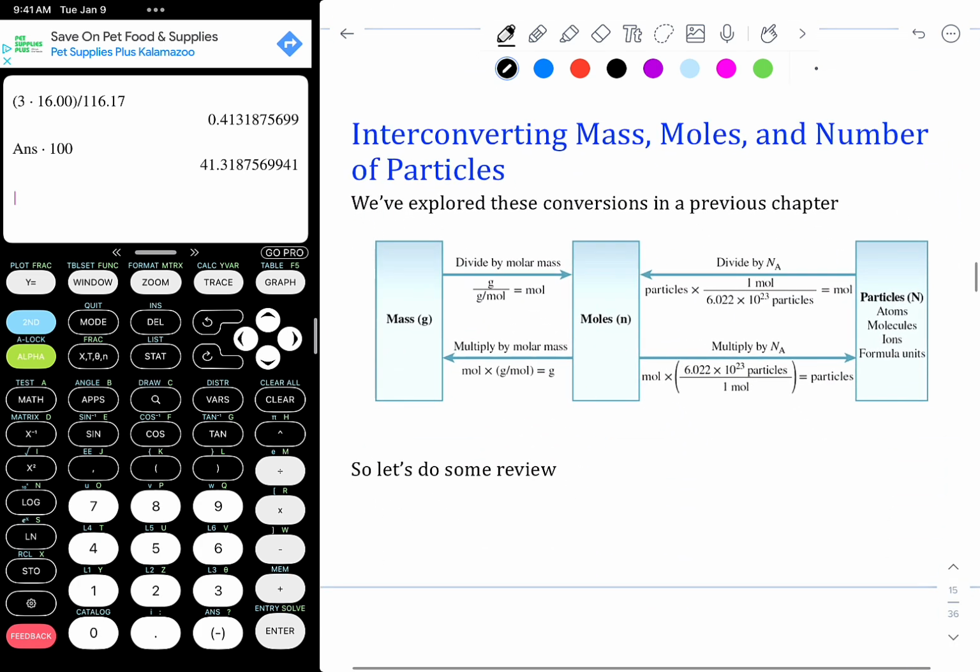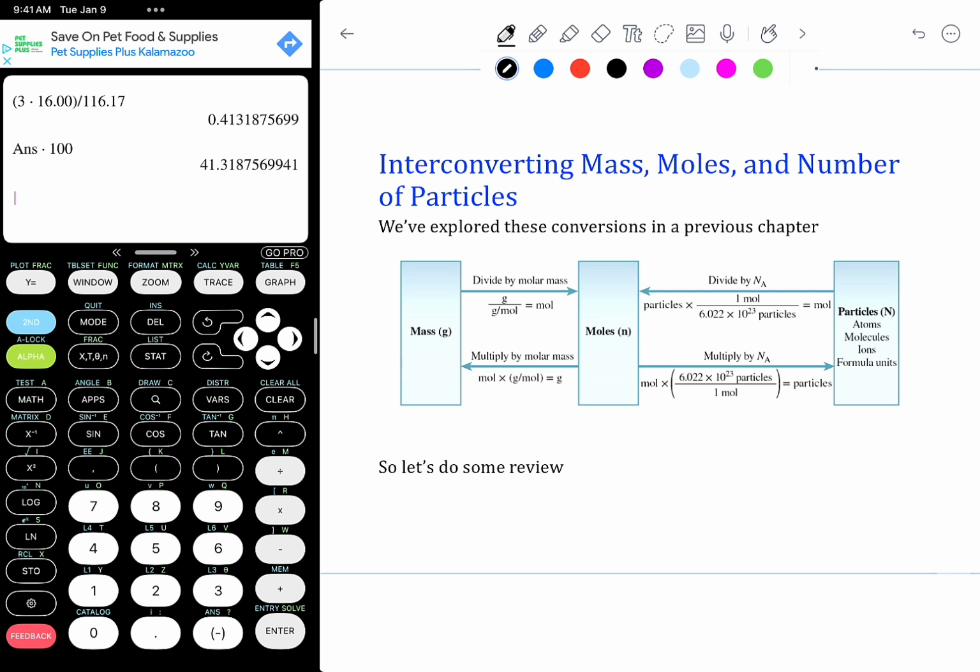Okay, so now that we can talk about our masses in both AMUs and molar mass, we can talk about interconverting between mass, moles, and number of particles. We've looked at this in chapter 2 when we talked about molar mass of individual compounds or individual atoms, and we were able to convert between mass, moles, and particles using our molar mass as well as Avogadro's number.